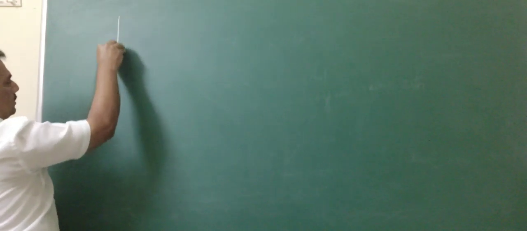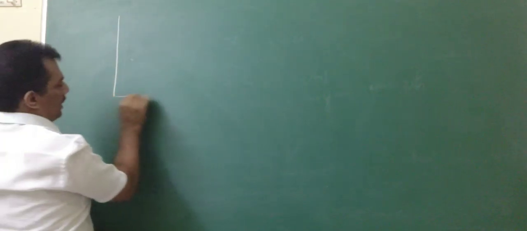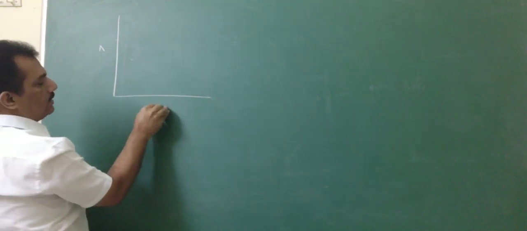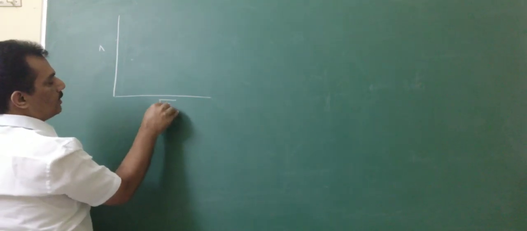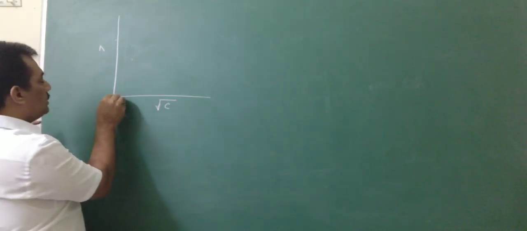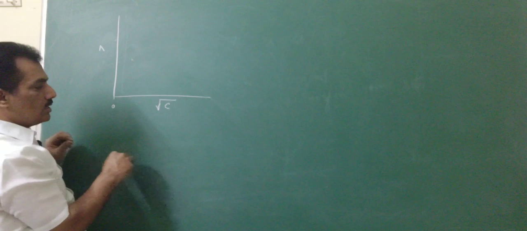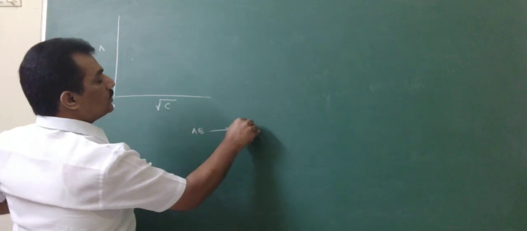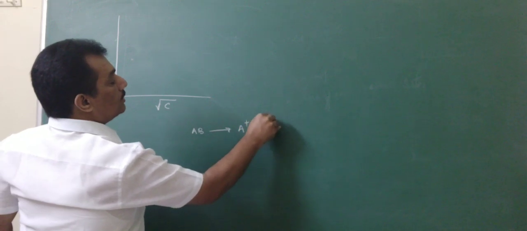It is the graph where the y-axis is the conductance of the electrolyte, and on the x-axis we are taking the square root of concentration. Remember, when the concentration becomes 0, it means all this electrolyte is completely dissociating into ions.